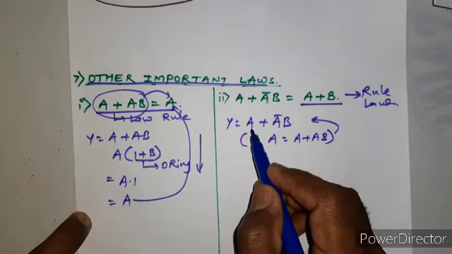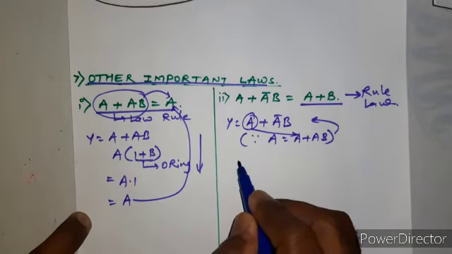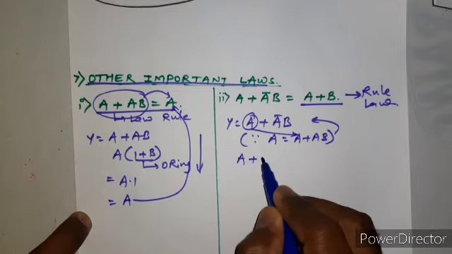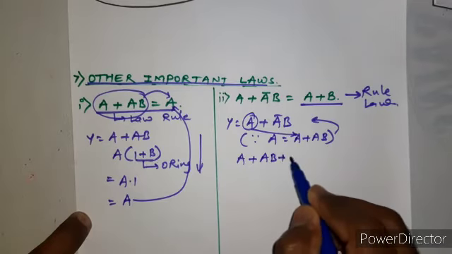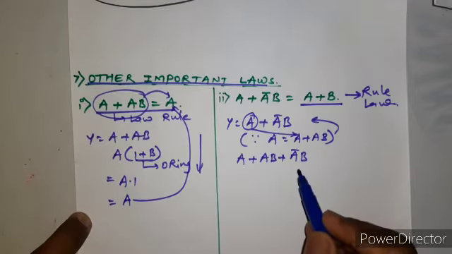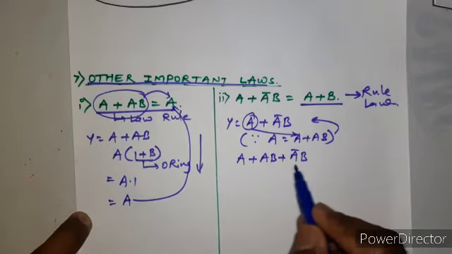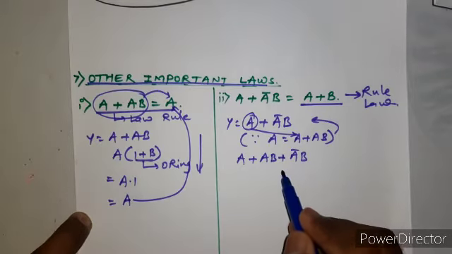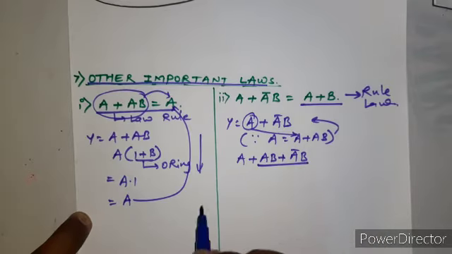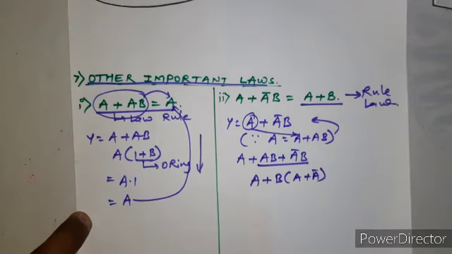My equation becomes A plus AB plus A bar B. Then taking B common from the last two terms, I have A plus B times A plus A bar.